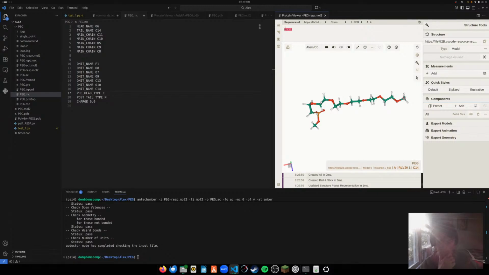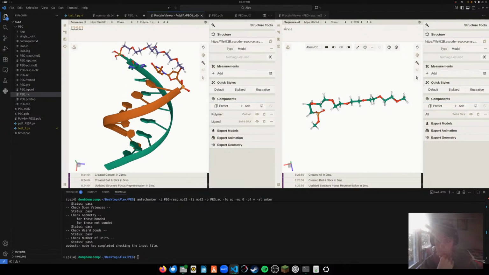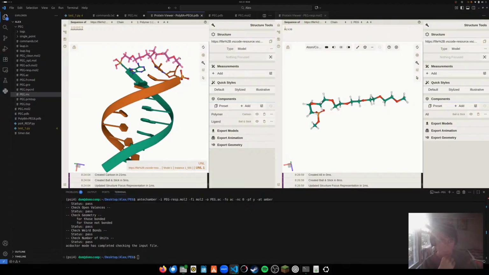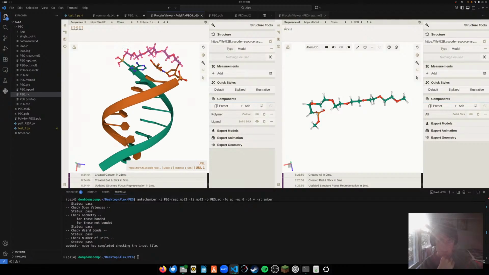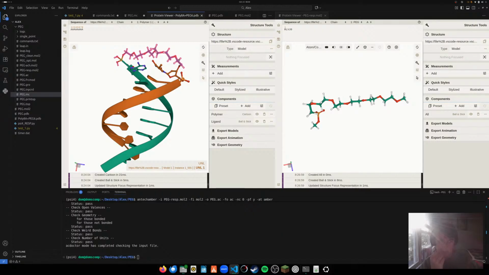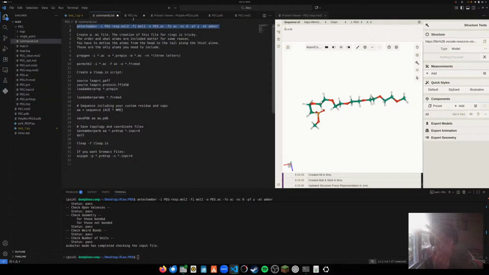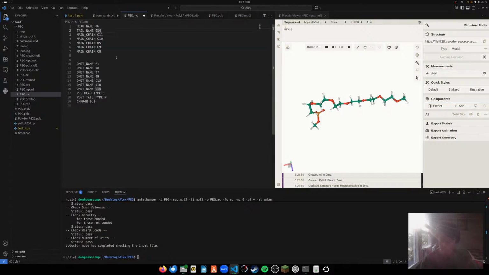Wait, what? No, this is the... No, that's the tail. C1. I guess it's that. All right, let's see what happens.